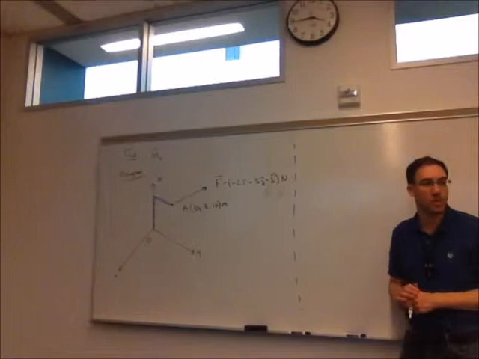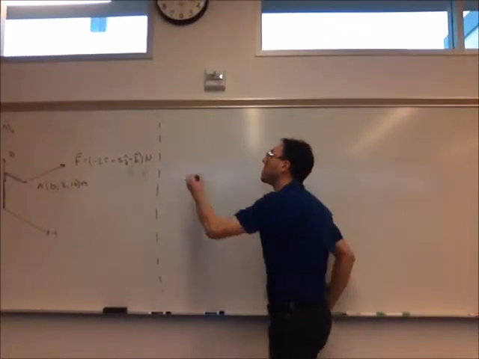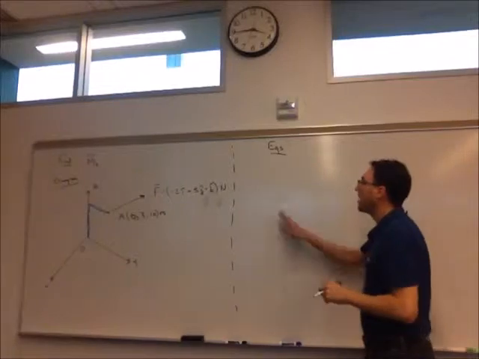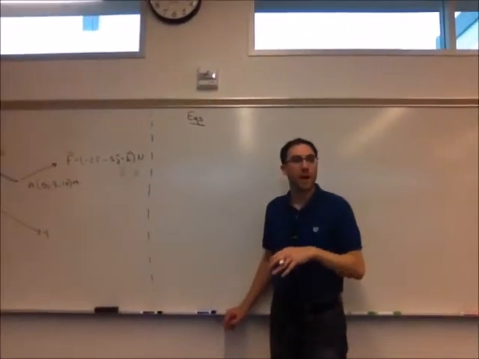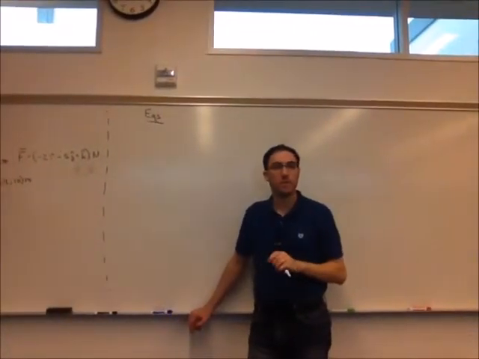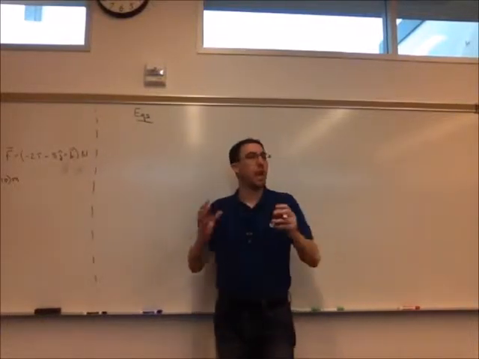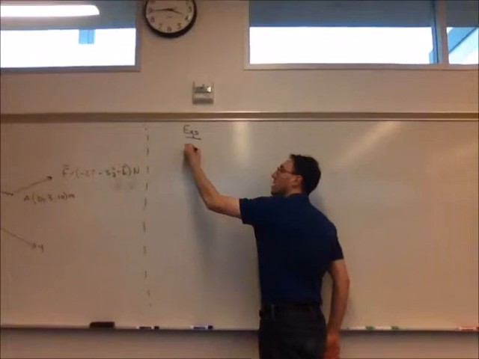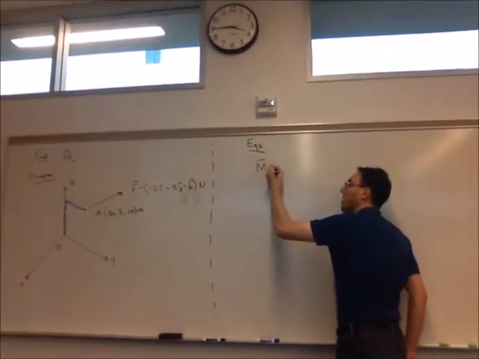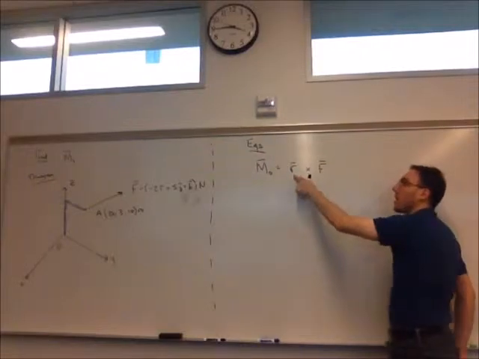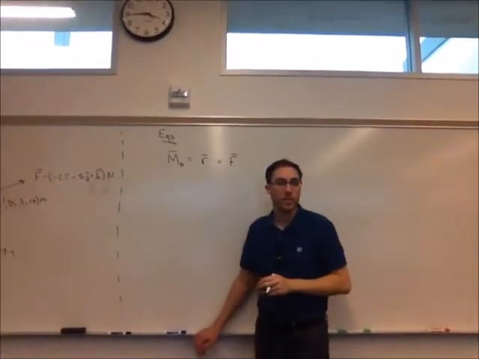We're trying to find the moment around point O. So what's the equation we're going to use to find the moment around point O? Right, so generically R cross F, so let's start there. Okay, so the moment around O is going to be an R cross an F. Again, which R are we going to use for this?